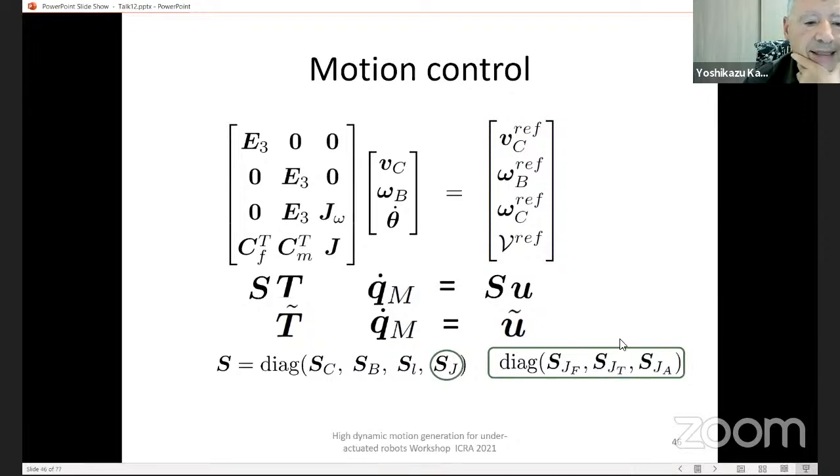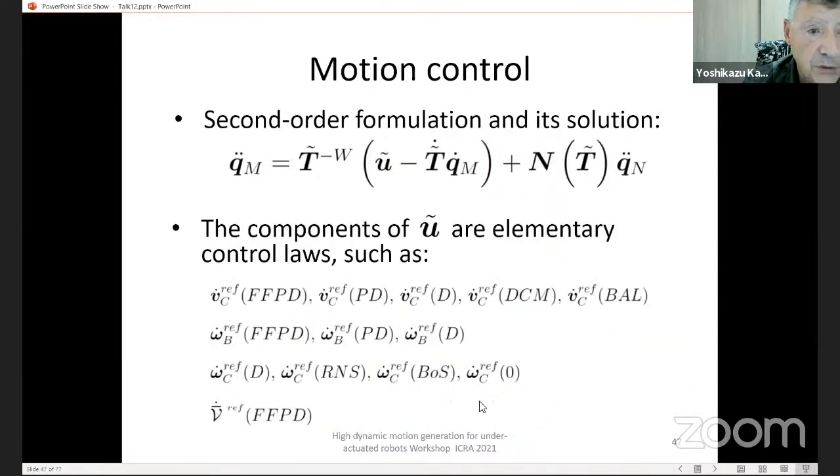So depending on the task, appropriate task components are removed. As much as possible, I want to remove. So the solution in terms of angular acceleration is like this. And I use simple control laws like this, feed-forward plus PD damping. For walking, we use DCM-based damping, and so on.